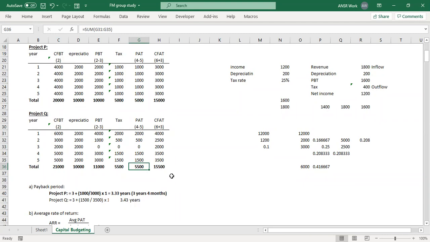Does anybody recall what net present value is, or at least how we calculate present value? Can somebody tell me what is present value? Rather, let me start there. If I invest some money today, suppose I'm looking at 10,000 after 5 years.